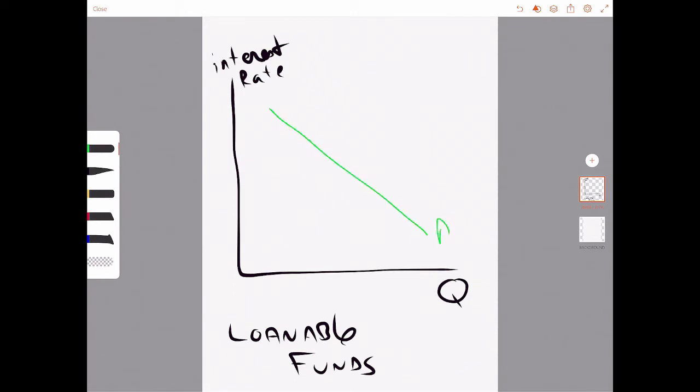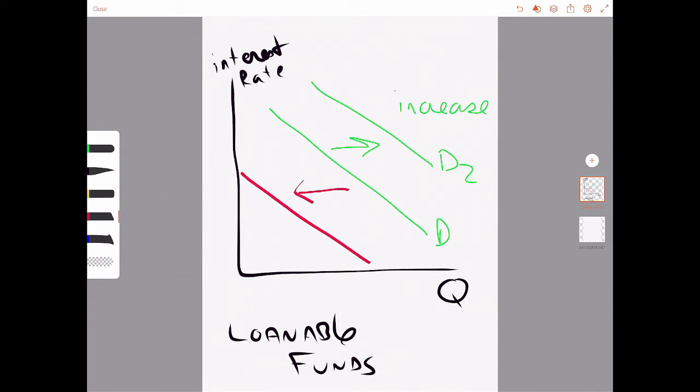And here's our demand curve. And if, say, investor confidence increases or the productivity of capital increases, we're going to shift the demand curve to the right. That's our increase in demand. And if there is pessimism about the future, if productivity of capital isn't increasing, then there is a decrease in demand.